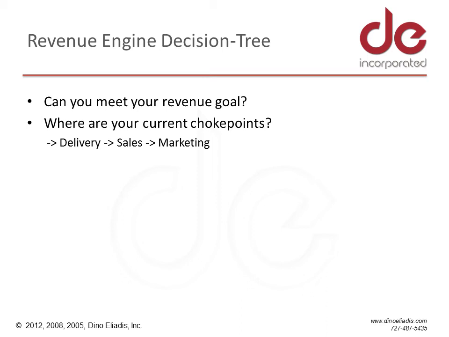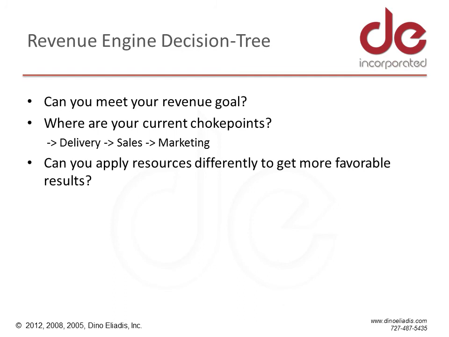In other words, what is the contributing factor that won't allow you to get there? Is it in delivery? Is it in sales? Is it in marketing? Based on finding out where the problem lies, you can now begin to focus your resources on fixing the problem. So you can apply the right resources to the right things to get the favorable results that you want.